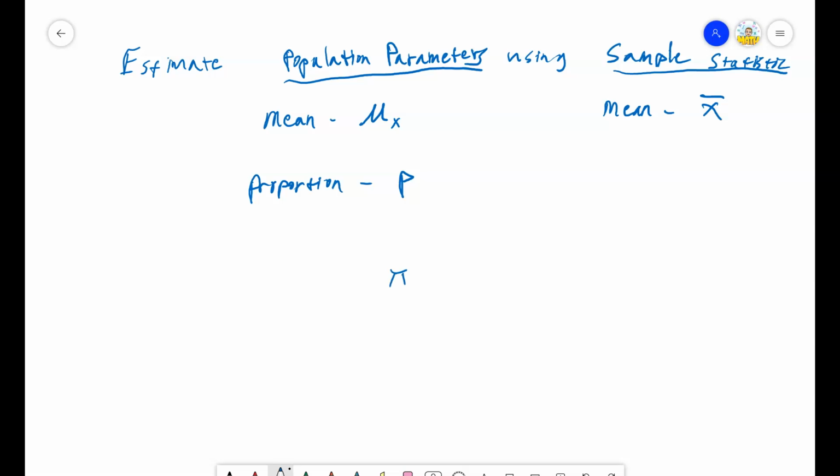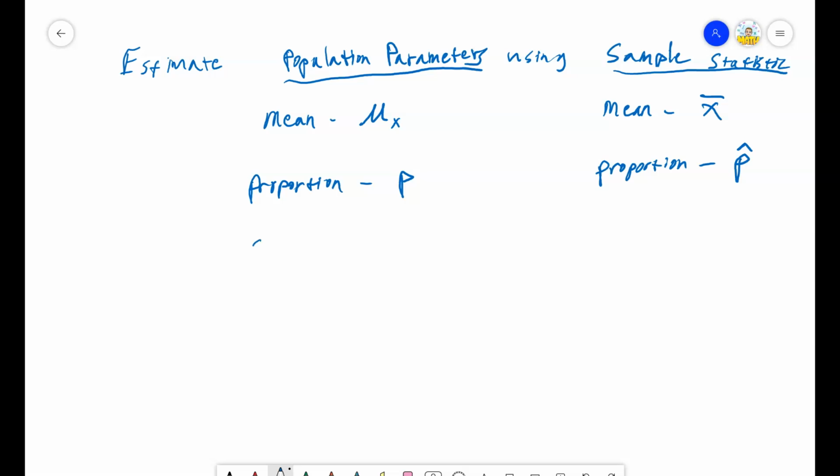For our sample statistic for a proportion, somebody asked me early in the year, what are all these P's with the hats on them? That's P hat. That's a sample proportion. It means that I took a sample of 50 people and asked, what proportion of you are going to vote for so-and-so in the election?